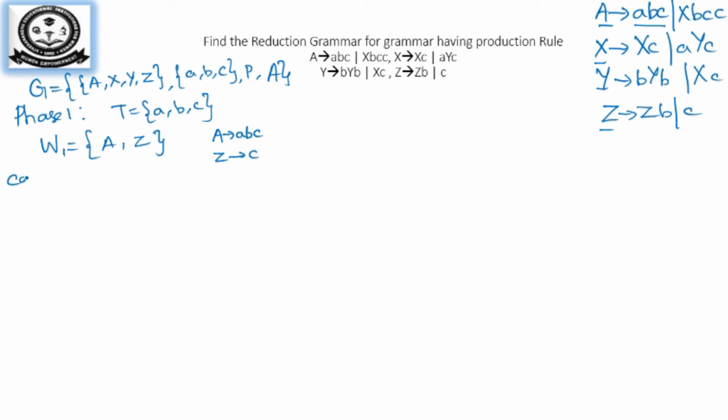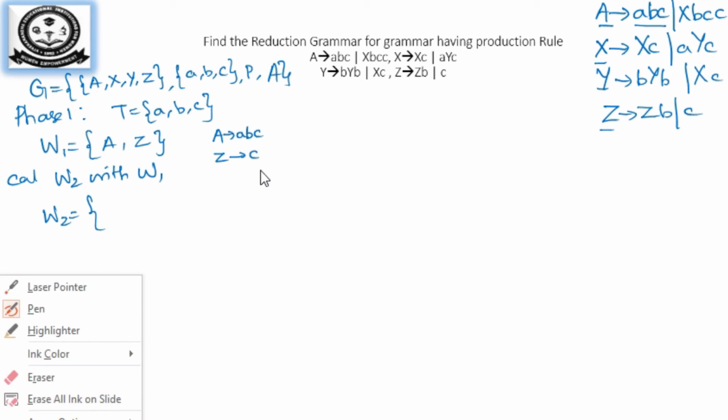Now calculate W2 with W1. So what is W2? So you have to derive A and Z with the help of W1. So what will be the rule? A tends to, so I'll write it over here itself.